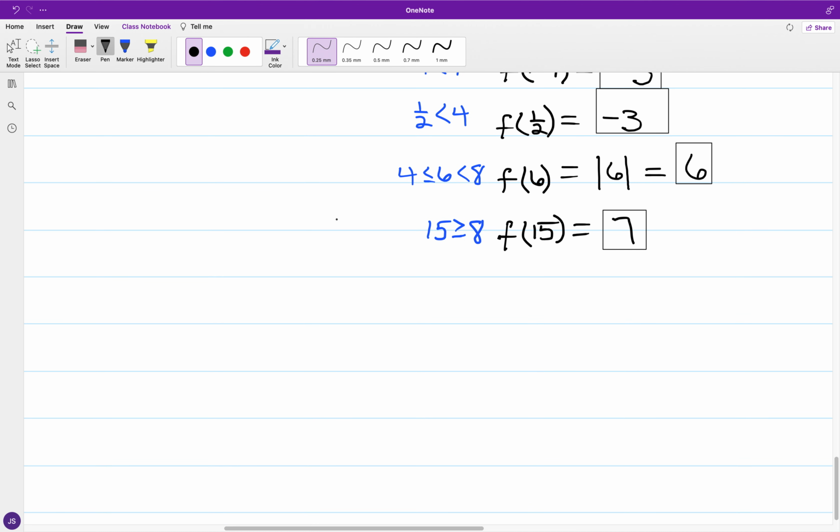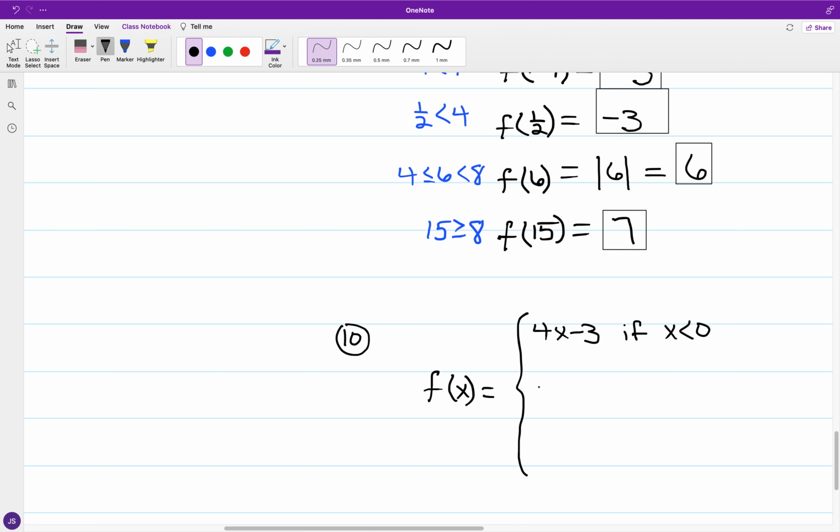So for this piecewise defined function, with f of x, we have 4x minus 3 if x is less than 0, then we have f of x is equal to x squared minus 1 if 0, again, is less than or equal to x, is less than 5.